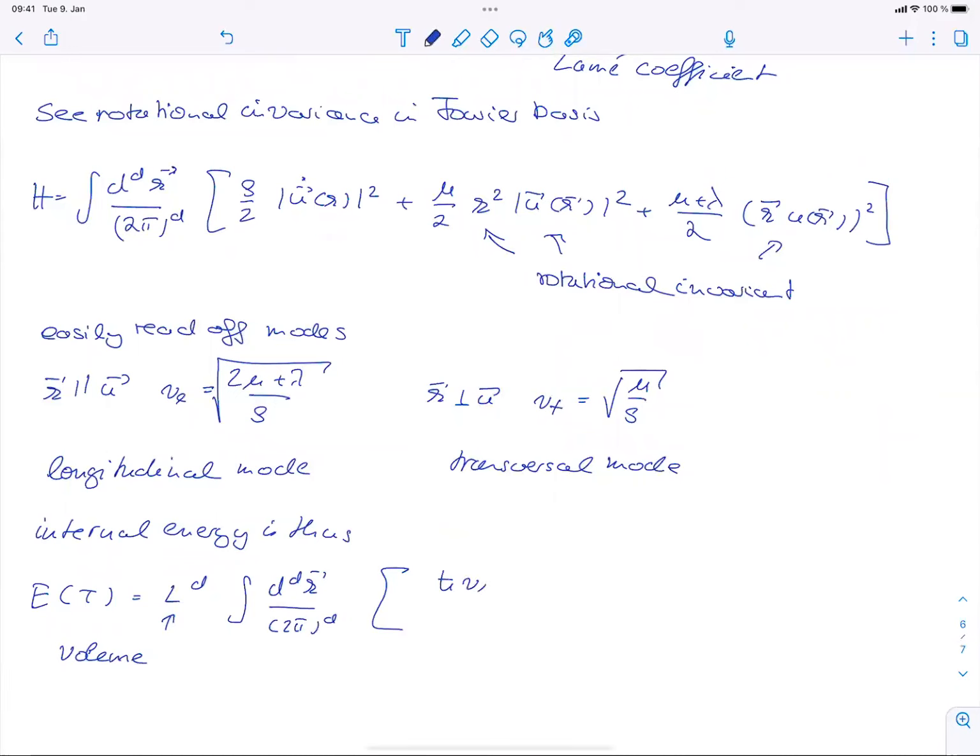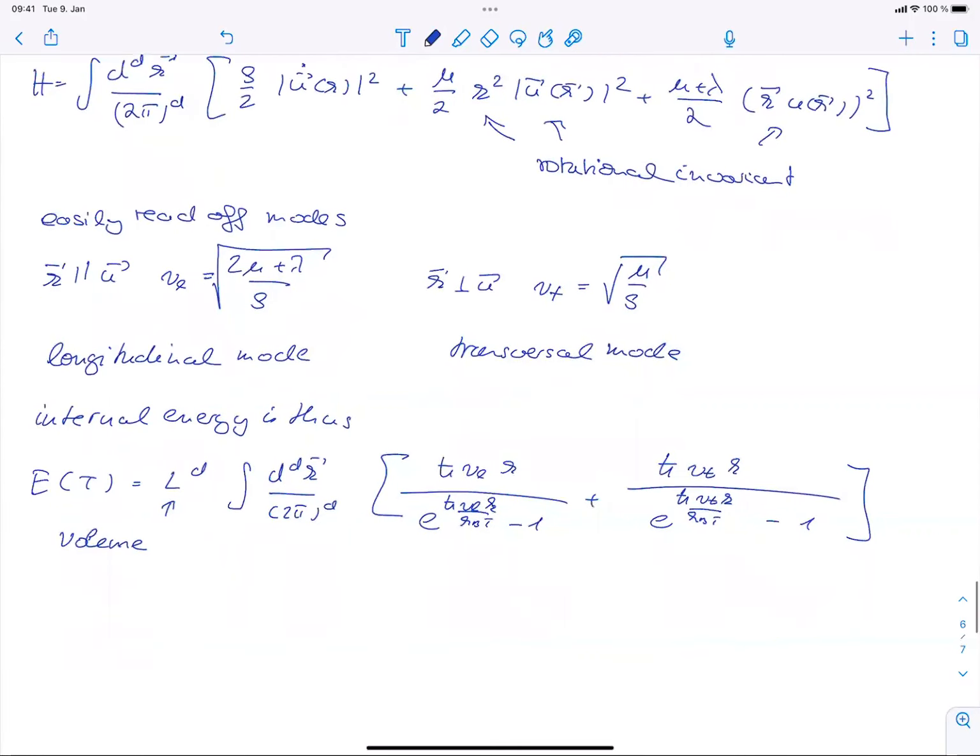So we have h bar V_L k over e to the h bar V_L k minus 1, plus h bar V_T k over e to the h bar V_T k minus 1. Okay, so we know the energy.